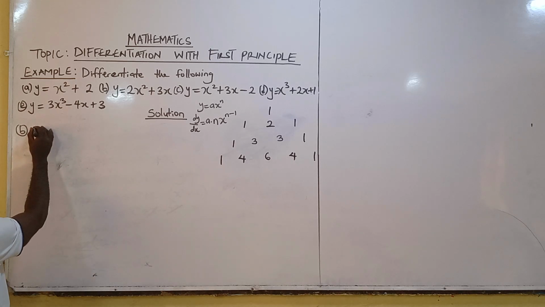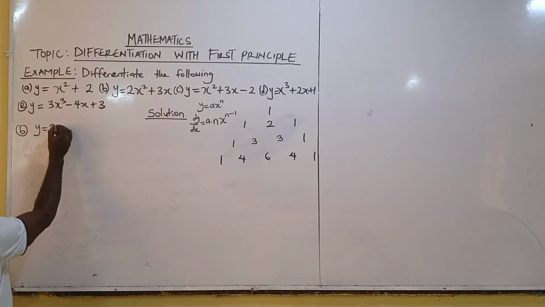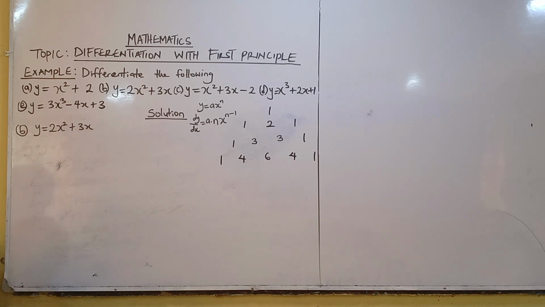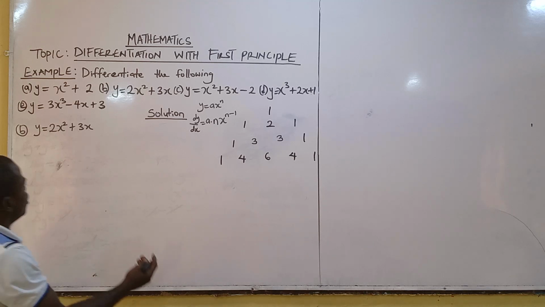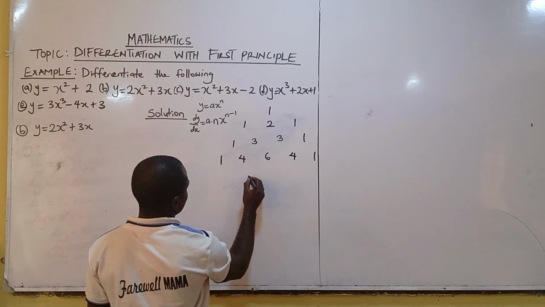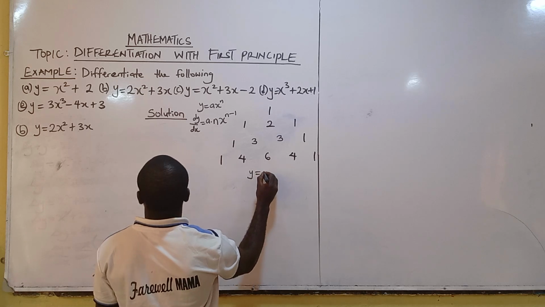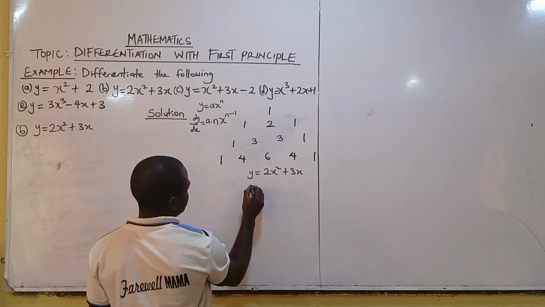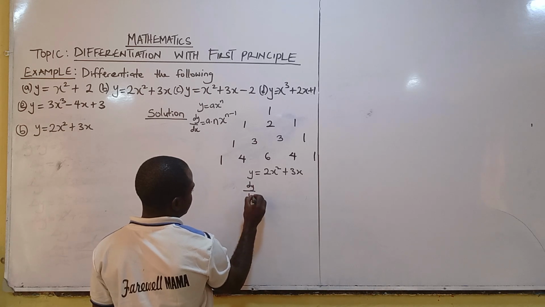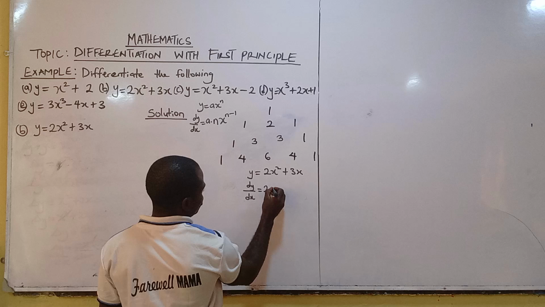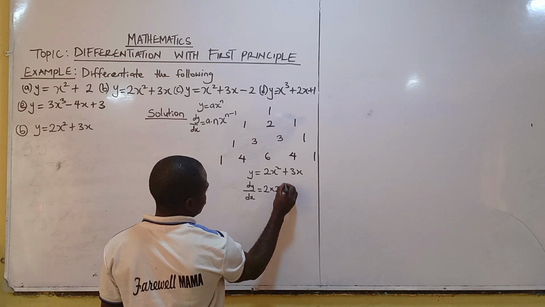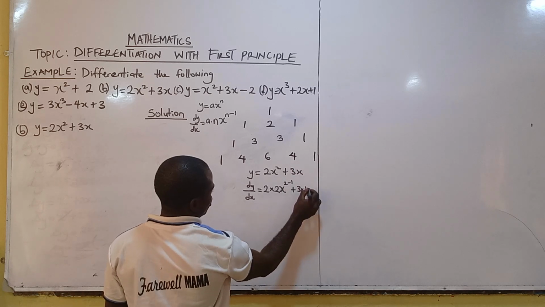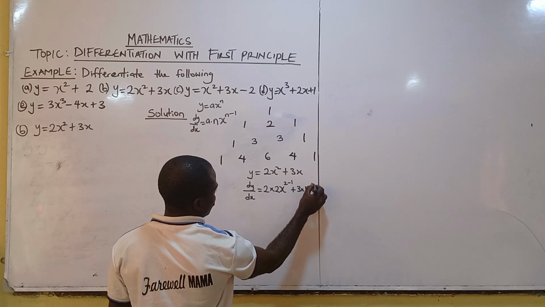We have y equals 2x squared plus 3x. Let's do the general method to be a guide for us. Y equals 2x squared plus 3x. Let's differentiate: dy over dx equals 2 times 2 x raised to power 2 minus 1 plus 3 times 1 x raised to power 1 minus 1.